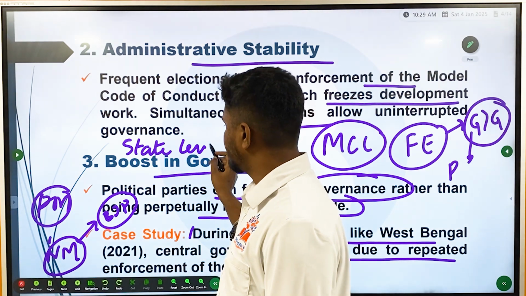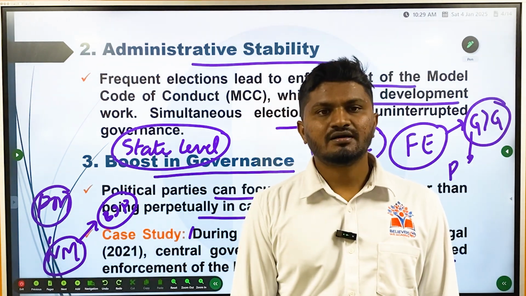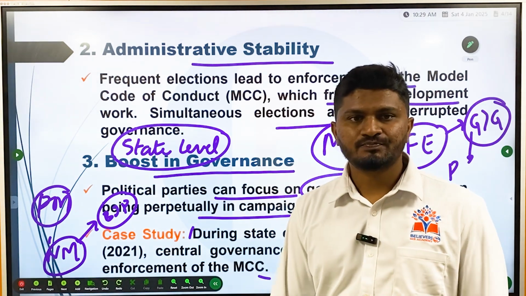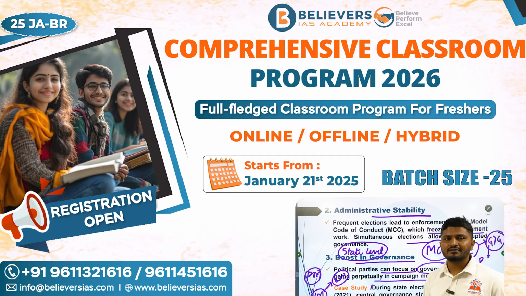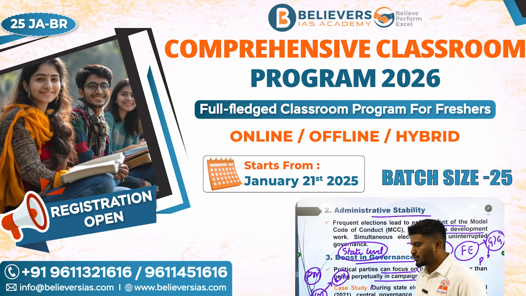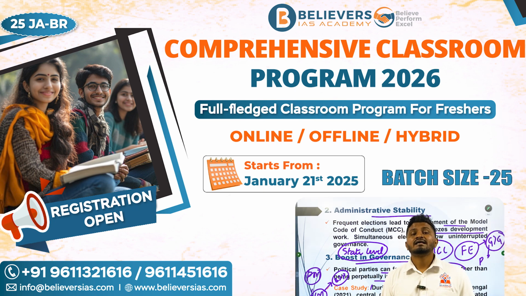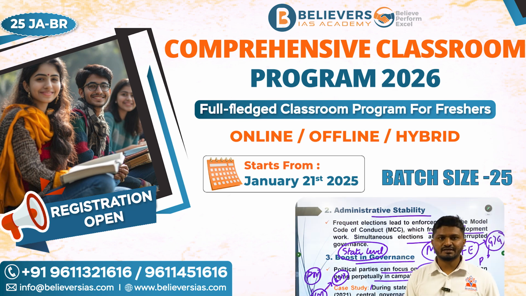Whenever there is an election at the state level, major leaders from the union government are required to campaign there, which is going to have an impact on governance at the central level. So with simultaneous elections, the campaigning can be done simultaneously for both Parliament as well as state elections. That is going to reduce the government aspect and increase the governance aspect.